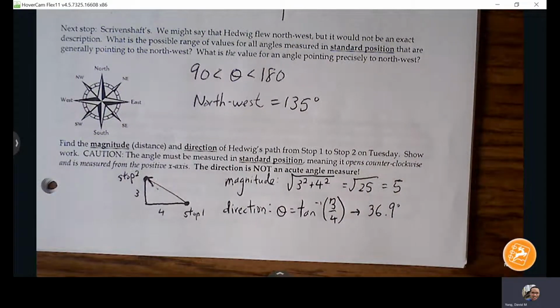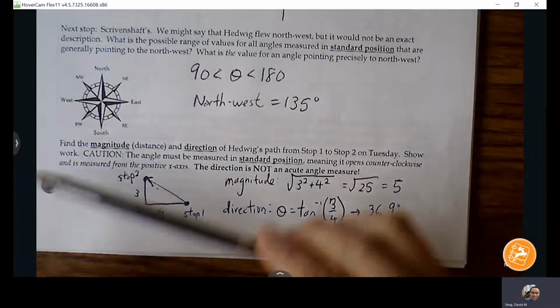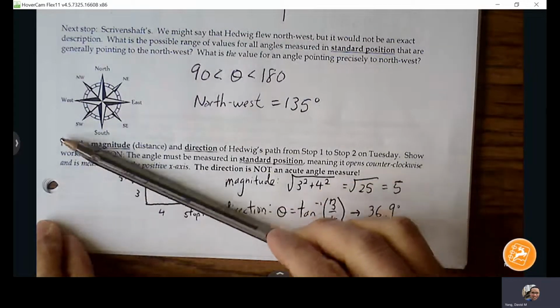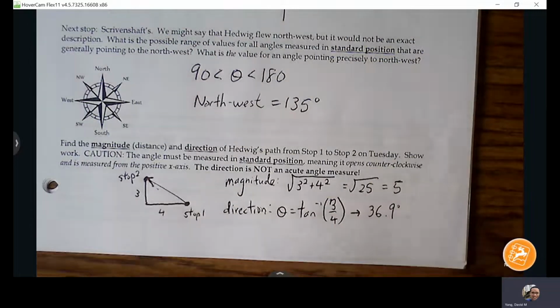All right, any adjustment needed here? Yeah, we have to, second quadrant, right? We know it's going to be 180 minus this reference angle that's in front of us.